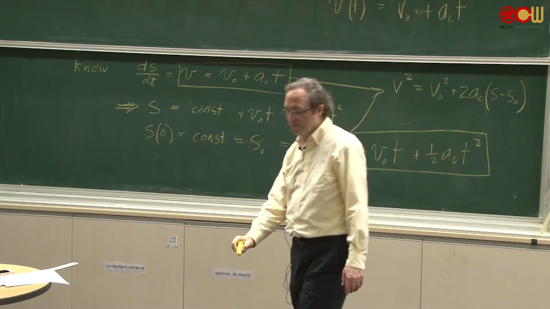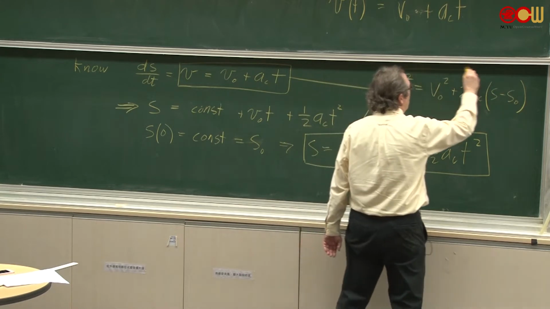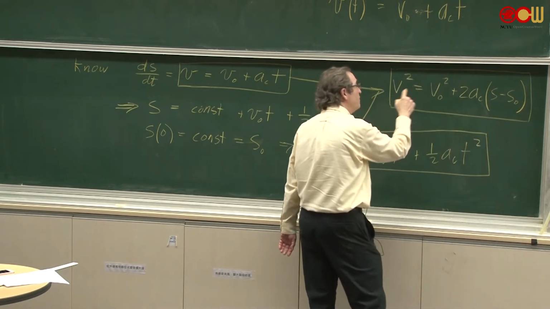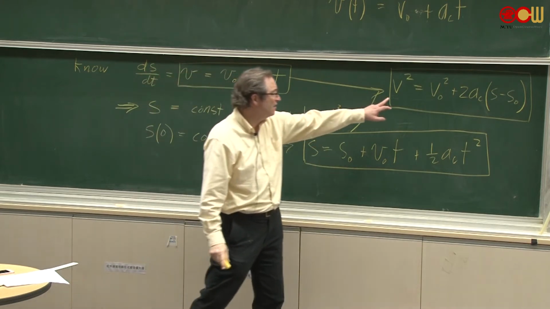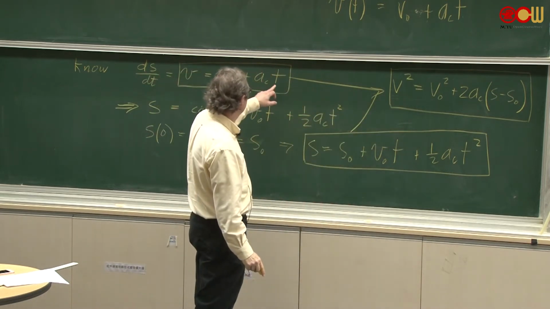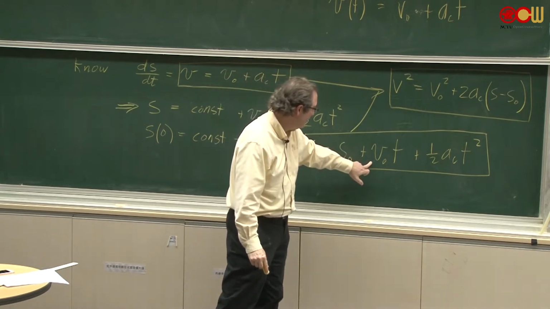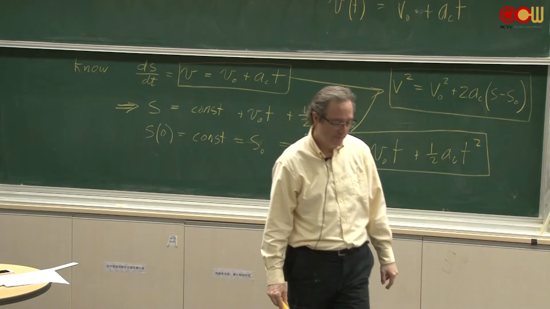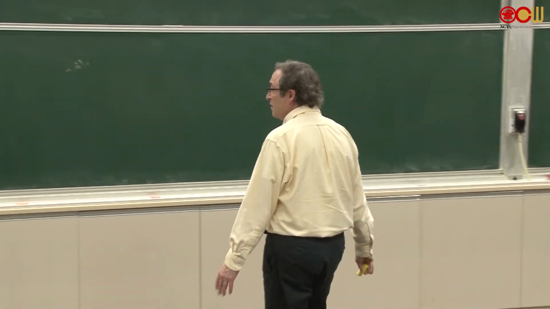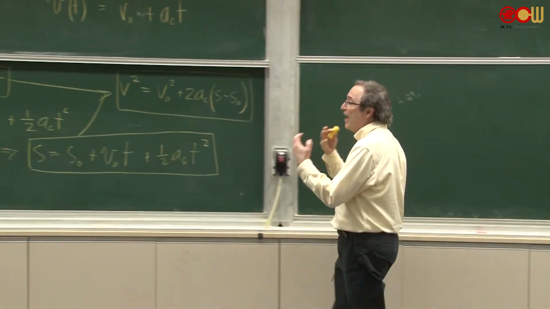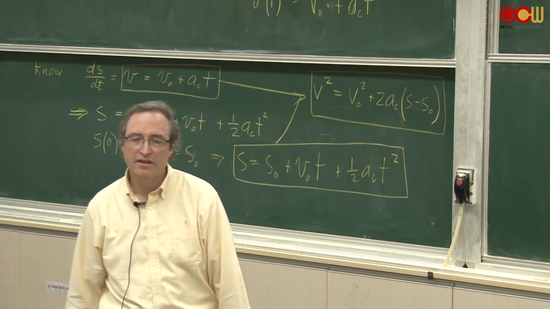Okay. So we now have 3 equations that are very useful. And sometimes this one's very useful. I strongly urge, if you're not sure about this, that you do the little bit of algebra to take this equation, solve for t, stick it in here, and get that. Okay, I'm not going to do it here. So we have 3 equations. These form the foundation for any problem we want to solve where there's constant acceleration.